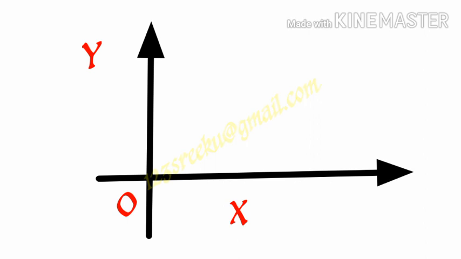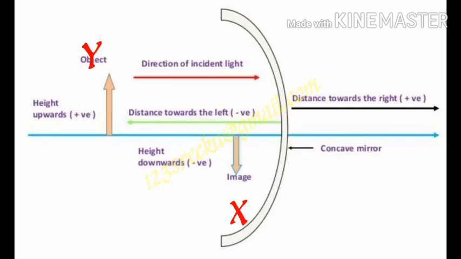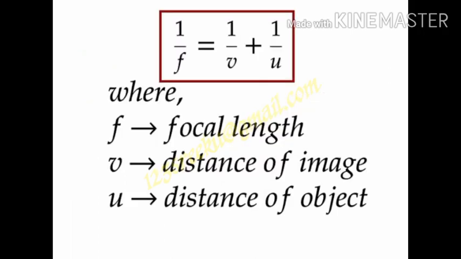In the same way, here instead of x and y-axis, we consider the principal axis as the x-axis and the mirror, whether concave or convex, as the y-axis. And what is the need of this sign convention, or what happens when we violate it?